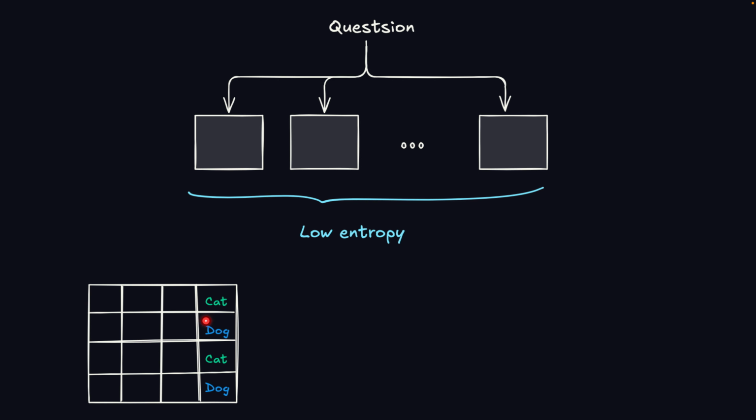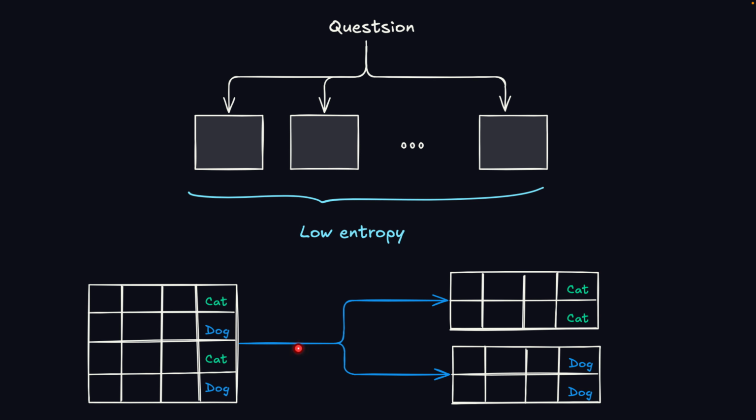So we need to ask a question on a data set like this in such a way that it splits the data set into two smaller data sets like this. If we have achieved this, then that question is a good question, because each of these subsets that we have created has low entropy. In here, we have just two records, both of them cat, which means low entropy.